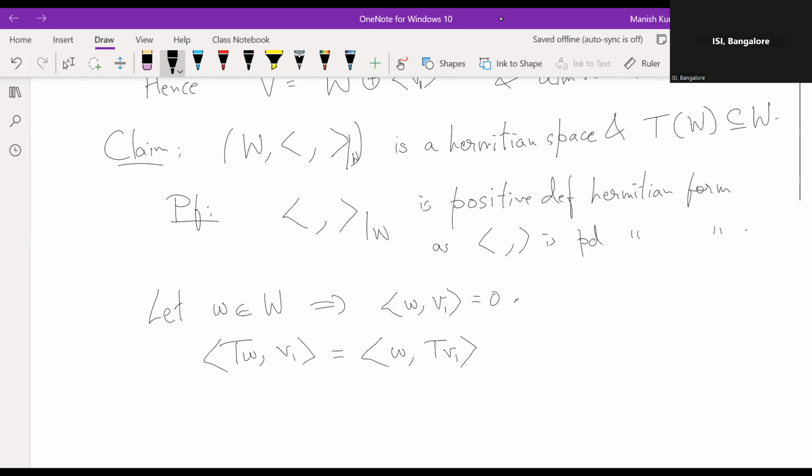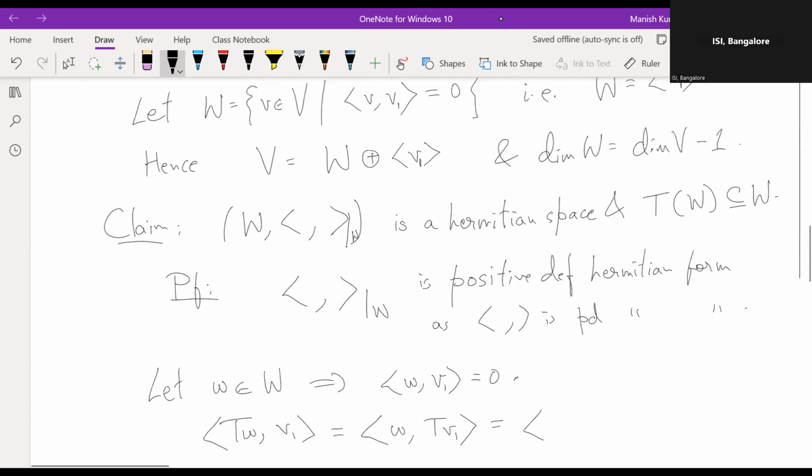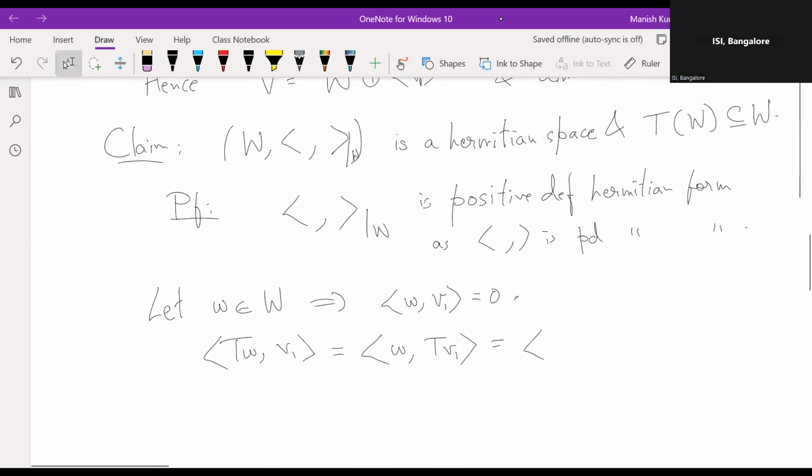And Tv1, what is Tv1? It's an eigenvector, so you will have a lambda. It's some scalar times v1, which we have called lambda. So this is w comma lambda v1, and lambda we can pull out. It's linear in the second variable, so even if it was conjugate linear, you could have pulled out lambda bar. It doesn't matter. But anyway, this is 0.